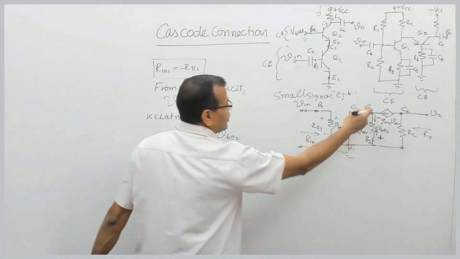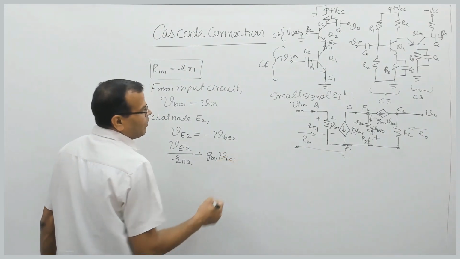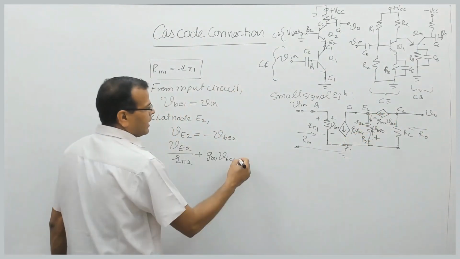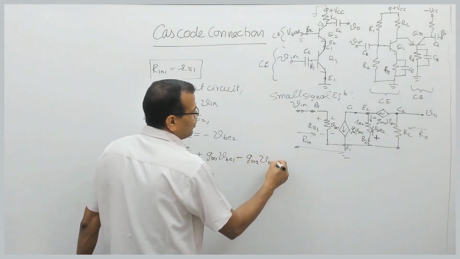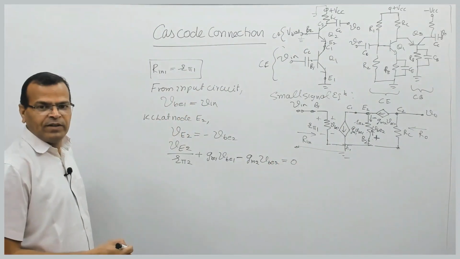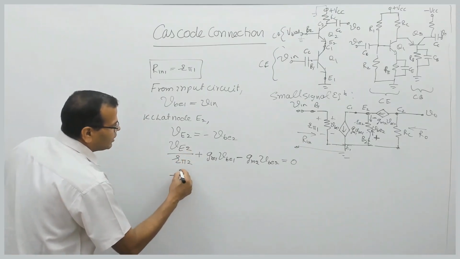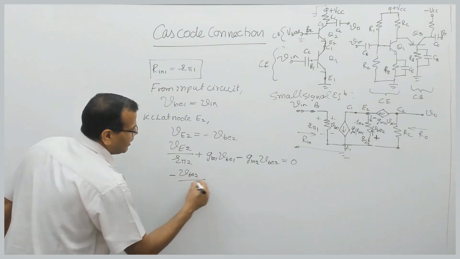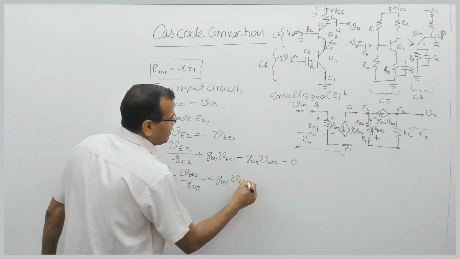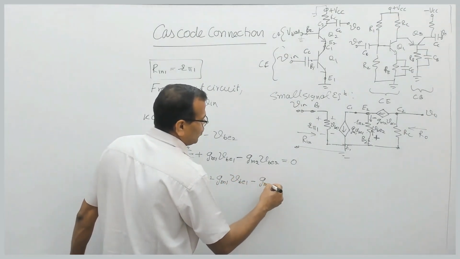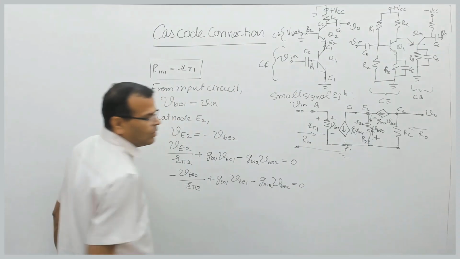The current going this way is also outgoing current, so I'm taking that also positive, GM1 VBE1. But the current coming this side is negative, so I take that as negative, GM2 VBE2, equal to 0. Now, VE2 is equal to minus VBE2. So minus VBE2 divided by R pi 2 plus GM1 VBE1 minus GM2, the transconductance of output stage, into VBE2 is equal to 0.